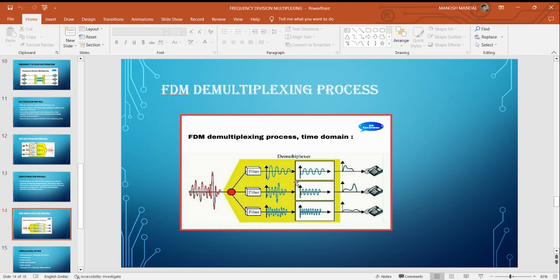The first signal is demodulated using the carrier frequency F1, the second signal using F2, and the third signal using F3. Then the signals go through a low pass filter, and we get the original signal at the receiver end. This is how the demultiplexing process works.